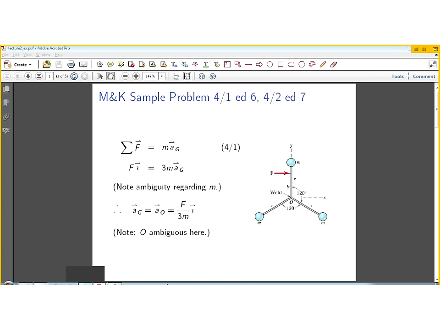We will make a copy of this and put it on the web for the students using the 6th edition. But it's a very nice problem, and it first calculates the position vector, then the velocity vector, and then the acceleration vector of a system of 4 particles. And I'd like you to work through this on your own, only up to the point where you calculate the acceleration vector of this system of particles.